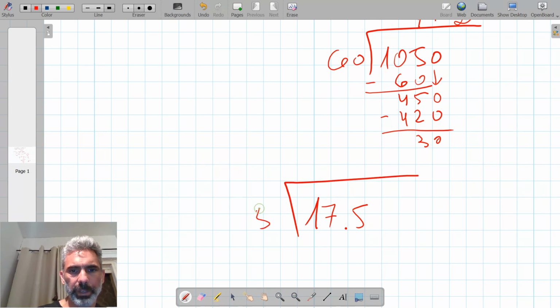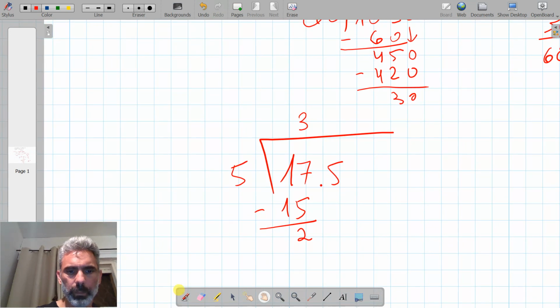Okay, so 17.5 divided by 5. 5 goes into 17 3 times. 3 times 5 is 15. And a remainder of 2. 5 doesn't go into 2. Decimal point. Bring down 5. 5 goes into 25 5 times. 5 times 5 is 25.